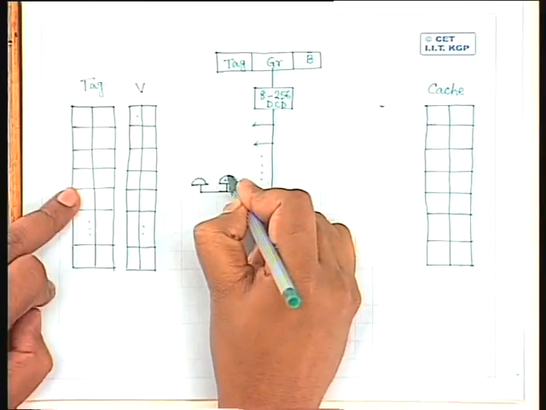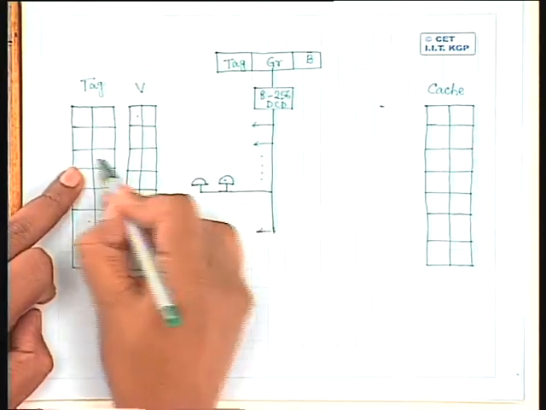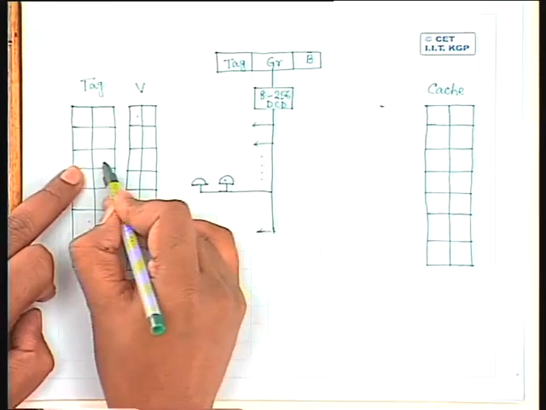One of the two tag memory locations will be able to give a hit. So I have to compare two tag memory locations, unlike in case of direct mapped cache where we had to compare only one tag memory location. So here the situation will be like this, that using this same decoder output, I have to compare two tag memory locations. So suppose this is the tag memory location that we want to compare.